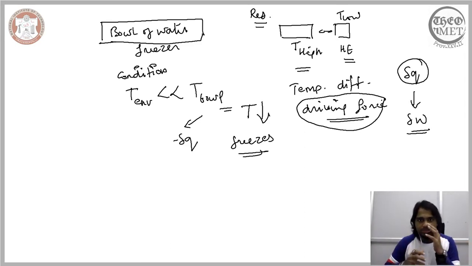So in both these cases, even though the driving force can be discussed in terms of heat exchange, primarily the driving force here in both cases is the temperature difference. The simpler the way in which we are able to express these driving forces, the more easily we will be able to understand our phase transformation.